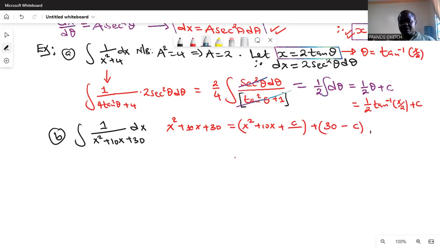The c here is usually given by b over 2 squared, where b is the coefficient of x. So in this case, our b is 10. So 10 over 2, that is 5. When you square it, you get 25. So that is our c. So this can now be written as x squared plus 10x plus 25. Then there's 30 minus 25.